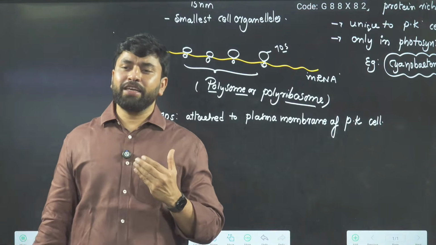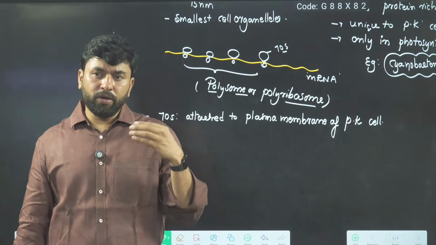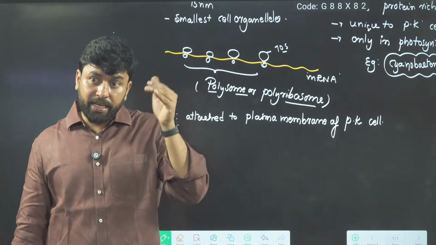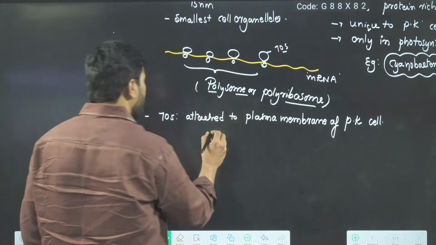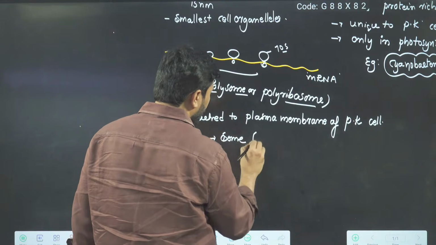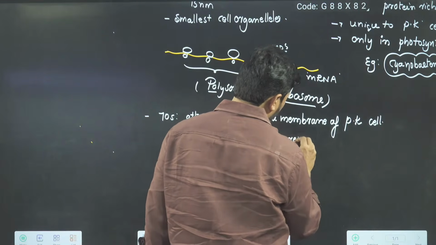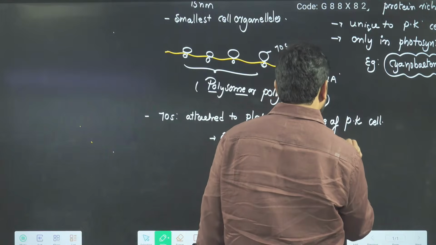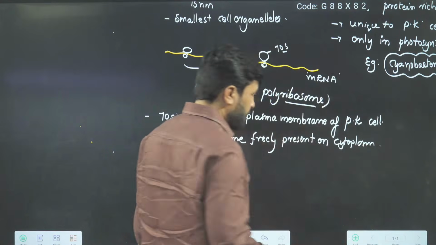That is the 80S ribosome. But the prokaryotic ribosome, the so-called 70S, is attached directly to the plasma membrane. It doesn't mean they are present only on the plasma membrane. Some are freely present in the cytoplasm.